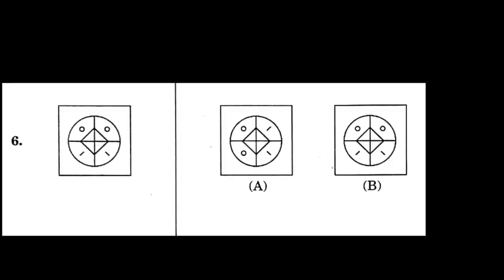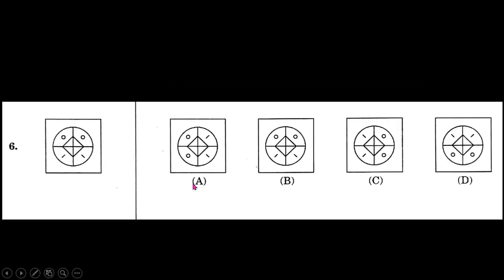Now let us look at the answer figures one by one. When we look at the answer figures A, B, C and D, we notice that in all of these figures we can see a large circle which is made into 4 equal parts by drawing 2 perpendicular diameters, and a rhombus is drawn at the center of all of these 4 answer figures.